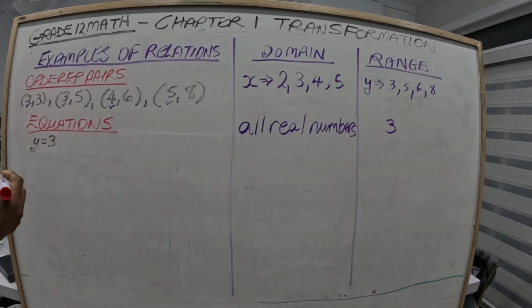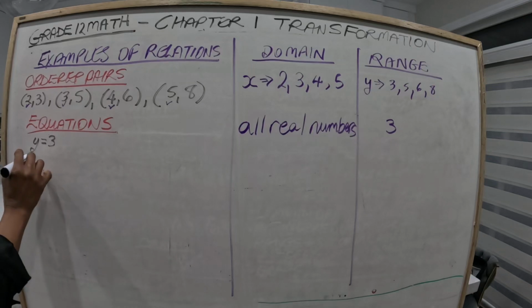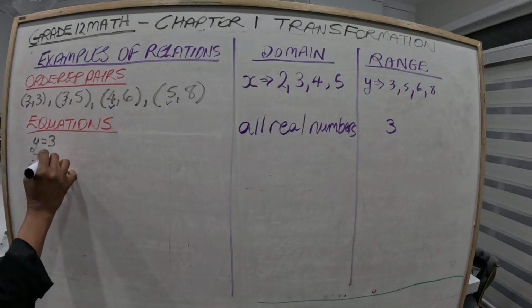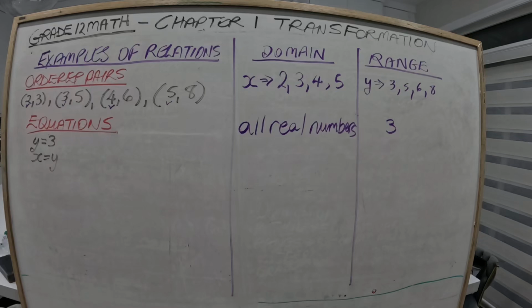What about when x is equal to y? Is there a value for x or a value for y? In this case, you can understand the relationship.